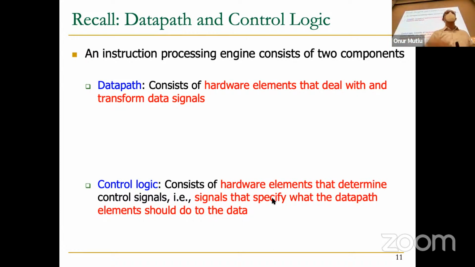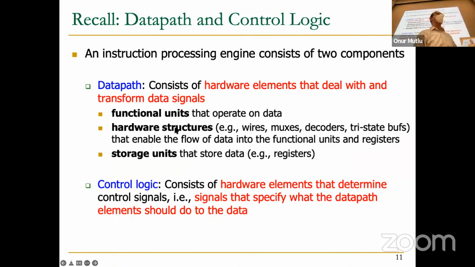Control logic consists of hardware elements that determine how the data path elements should treat the data, basically. What should they do to the data? And we're going to see both of them in action. Data path elements, if you recall, are functional units, hardware structures like muxes, wires, decoders, tri-state buffers, and storage units like registers and memory. Control logic controls every single one of them.